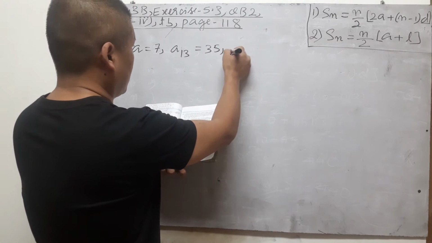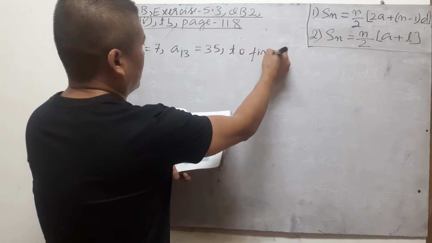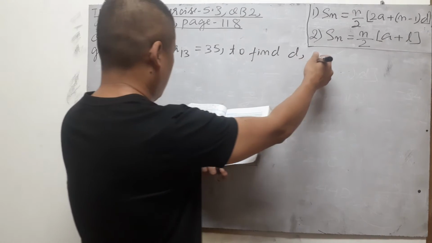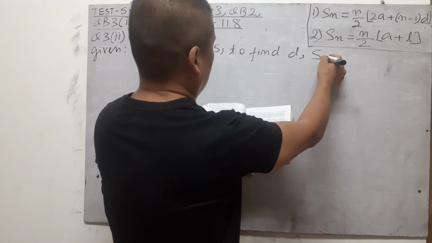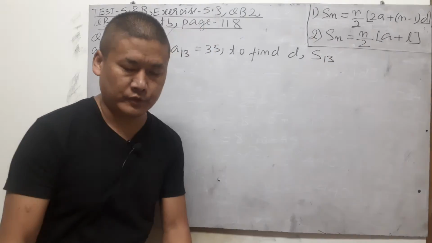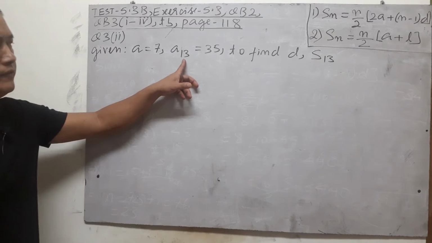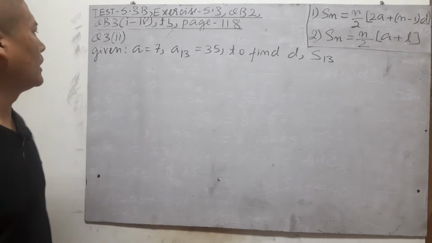We have to find d and S13, the sum of the 13 terms. The 13th term value is given, but we have to find the sum also.